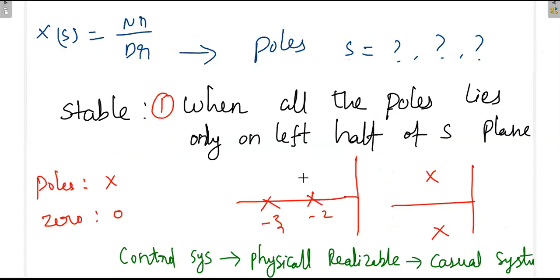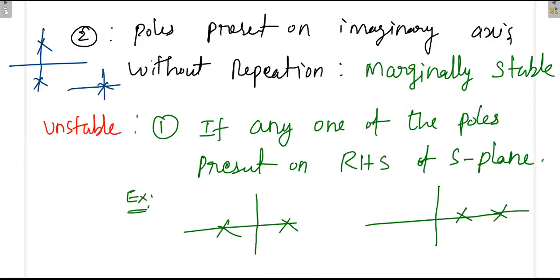That means it is implied that whatever system you have is always causal and stable. That's why this entire statement is true in control system. But we need some relaxation in signals and systems, mainly due to the presence of ROC. Then we'll see some more extra problems, 6 more problems of the same variety.